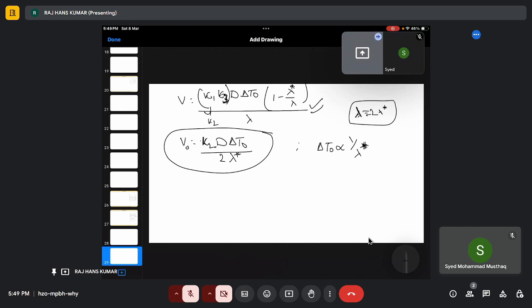Right. Now if I substitute here, V naught times lambda star square equals C. So this is our final relation.